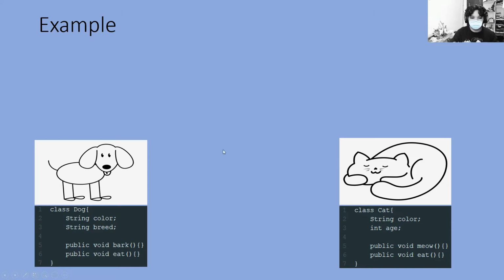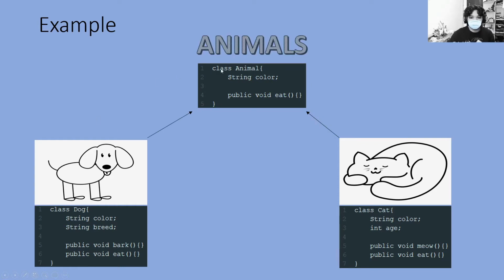Since dog and cat are both animals, they must have similar properties. So we make an animal class. In this animal class, we have string color and method eat, which both of these classes have.